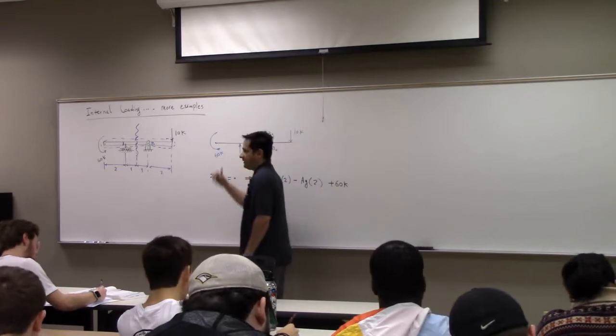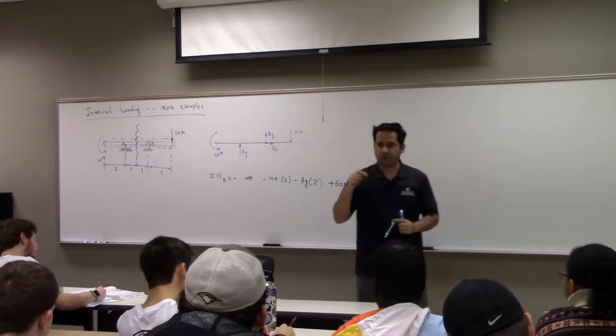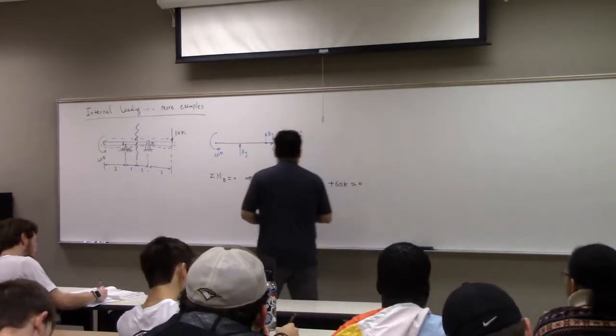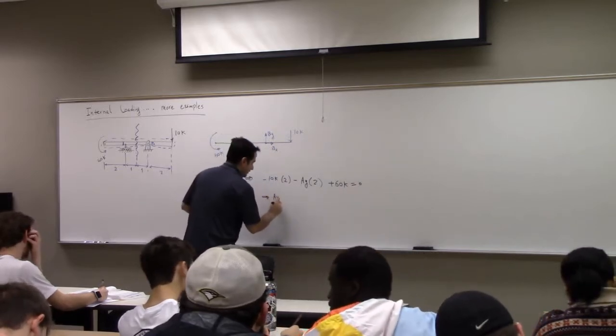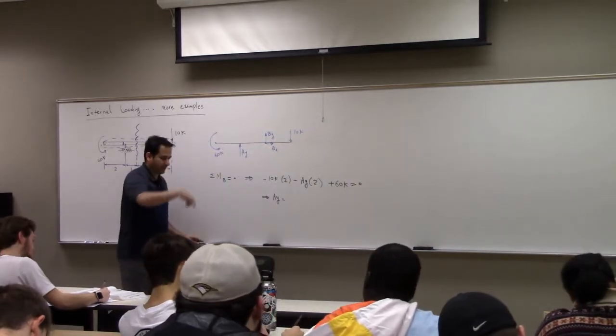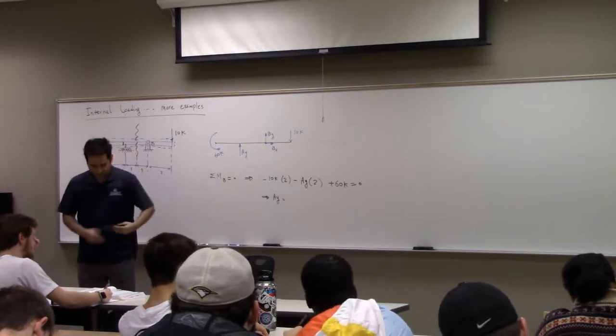Should I search for a distance? No, this is already a couple moment. You don't need to find a moment arm. It is equal to 0. Then you solve for Ay. Ay is equal to, again, as you can easily say, we're still doing 5 steps: system, FBD, equation, solve, and verify.